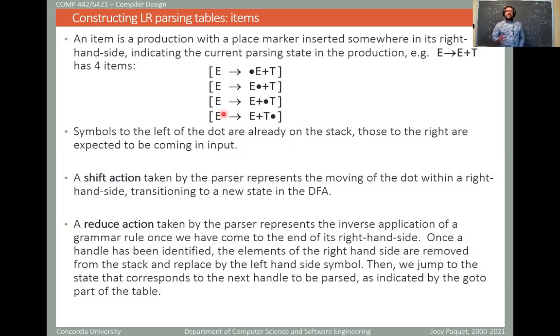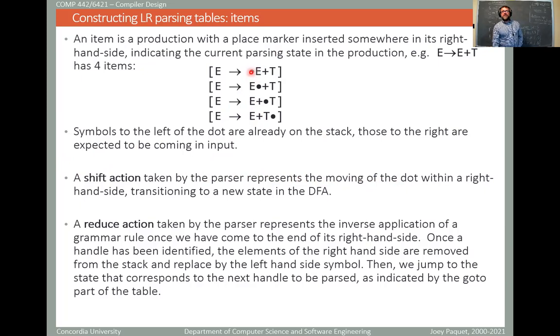So how does this relate to shift and reduce? A shift action taken by the parser represents the moving of the dot within a right-hand side, transitioning to a new state in the DFA. In your DFA, the transitions between the states are the consuming, or successfully parsing, of a certain symbol, either a terminal or a non-terminal symbol.